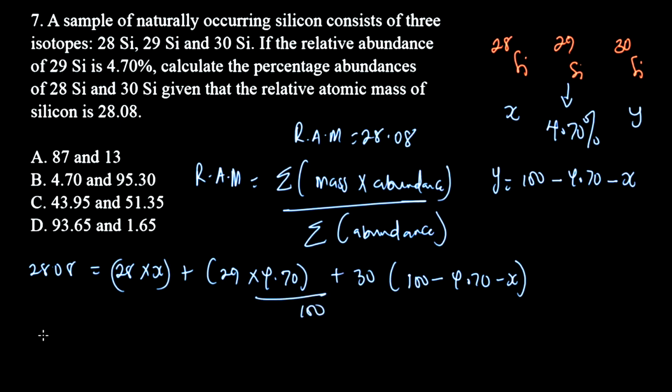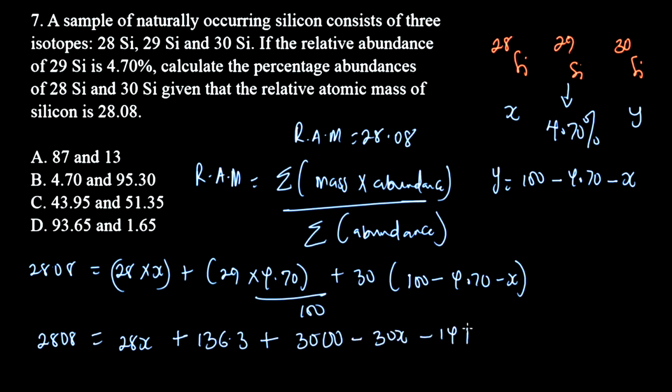So we have 2808 when you multiply by 100. This becomes 28x plus 136.3 plus 3000 minus 30x minus 141.